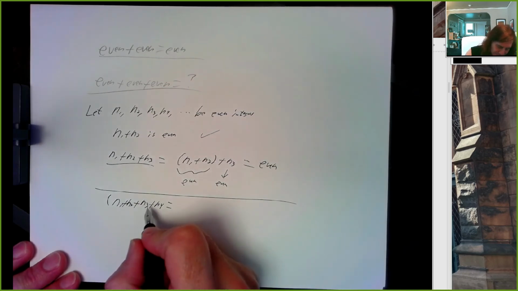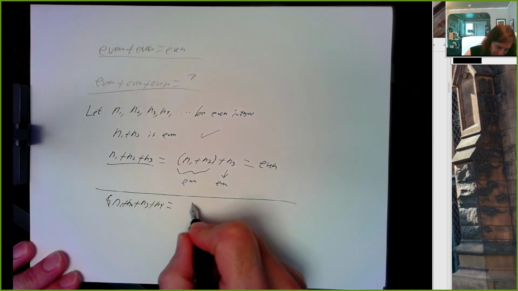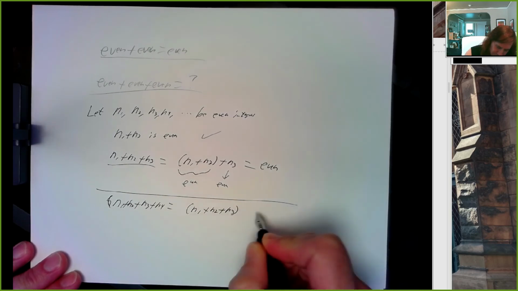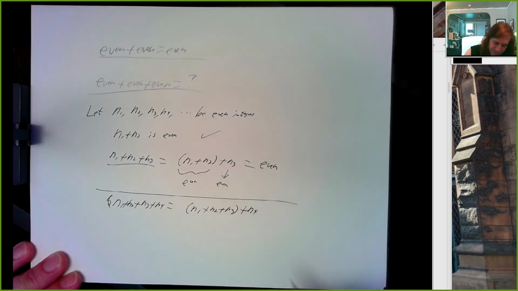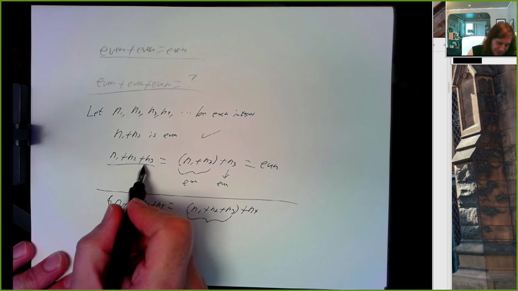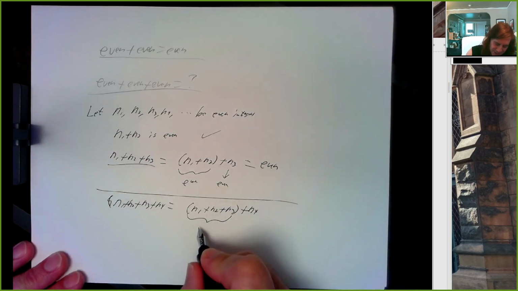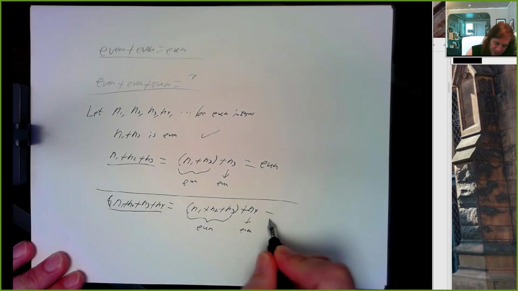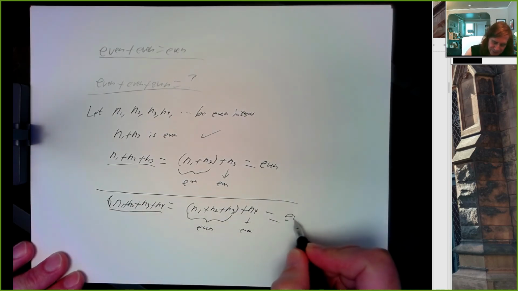Let me write this as n1 plus n2 plus n3, all of that plus n4. And we just proved 60 seconds ago that the sum of n1 through n3 is even. And we know that n4 is even. And so this is the sum of two evens, and so this is even.